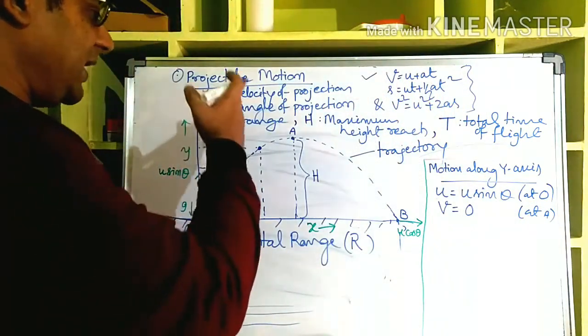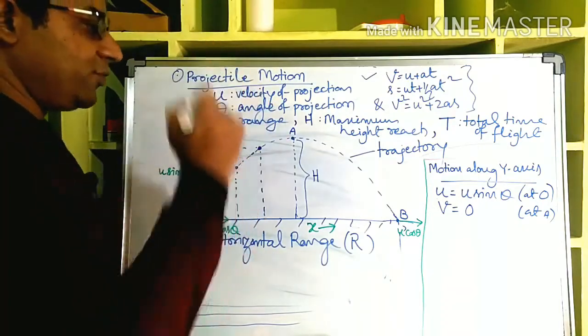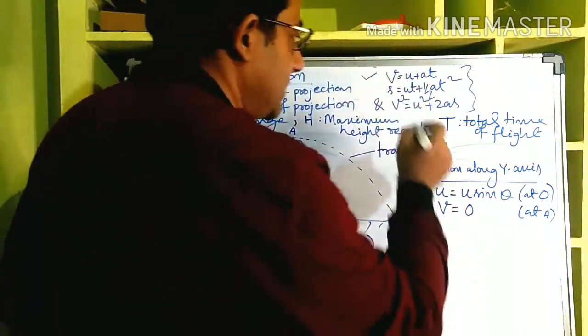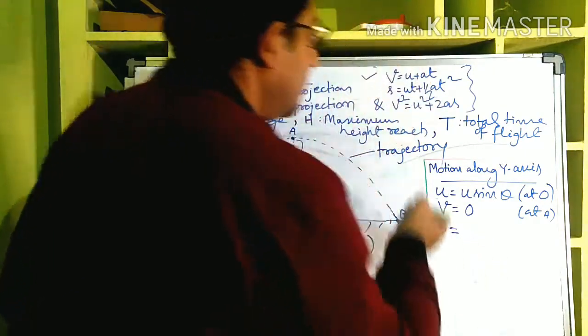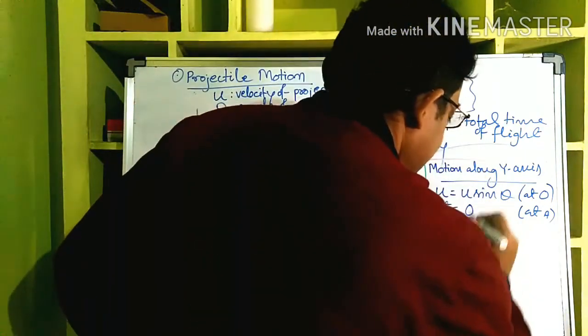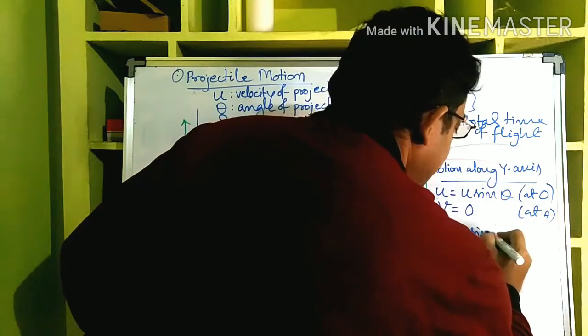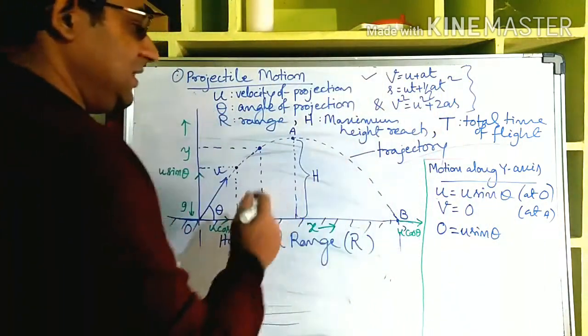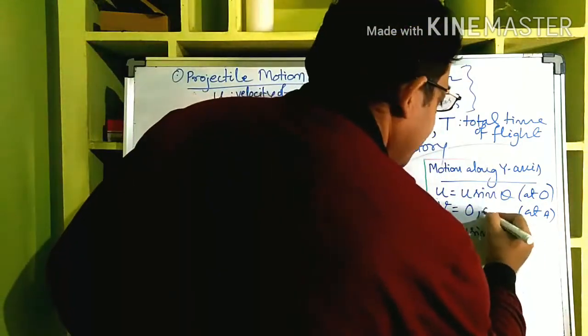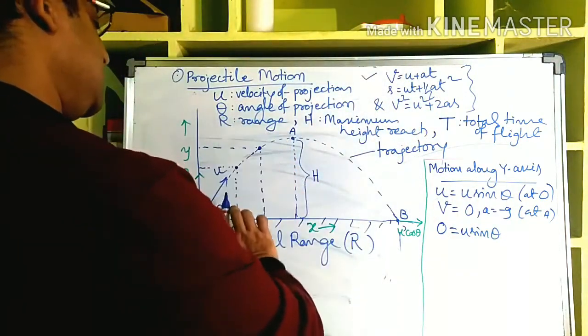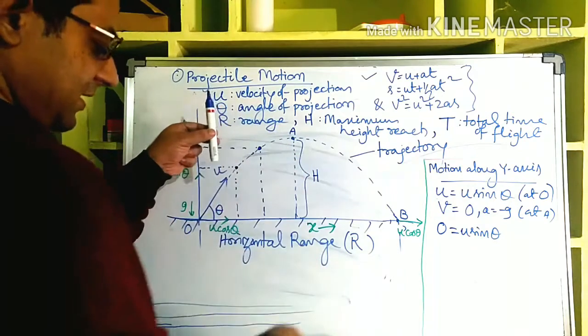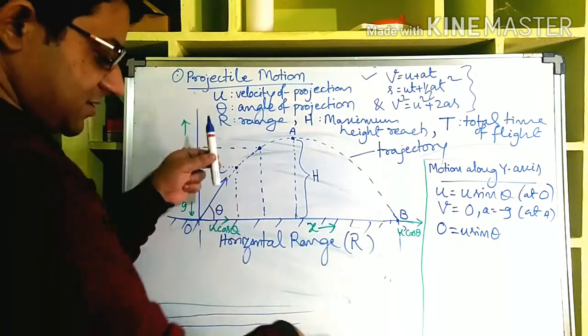So from O to A, how much time is required to reach there? How can we find out? Apply this one: final velocity 0 is equal to initial velocity u sin theta plus at. And a is equal to how much? Minus g. See, it is moving in this direction, and gravity is in the downward direction.